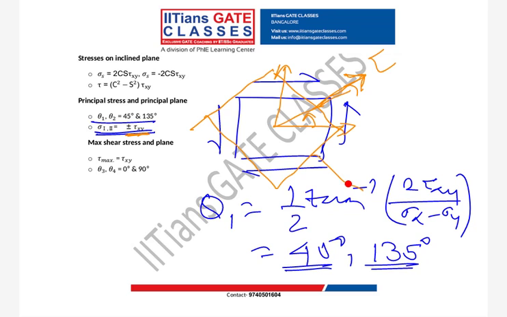But here, it is a minus tau. And what is my maximum shear value? What is the maximum shear value you are getting? You will get tau only. That we will discuss. Okay, let's not go into that part.